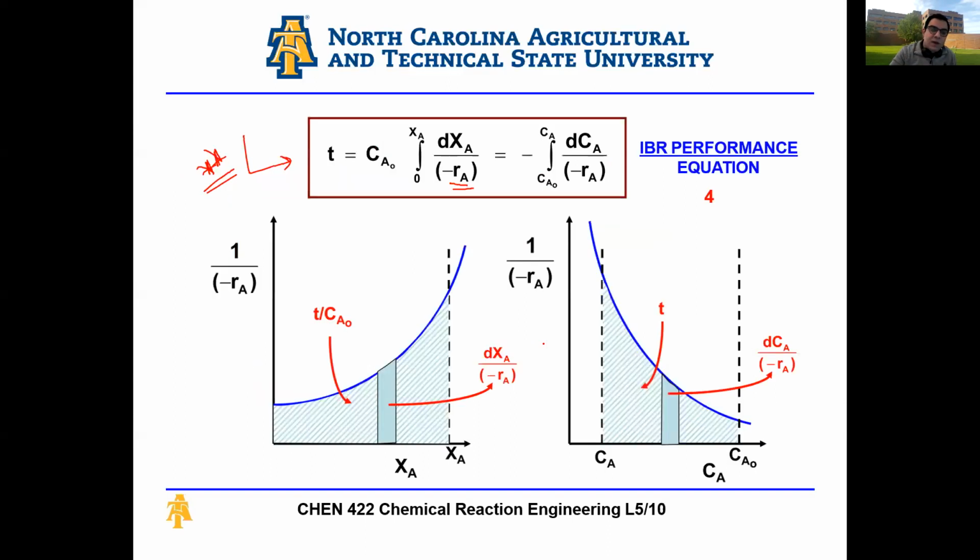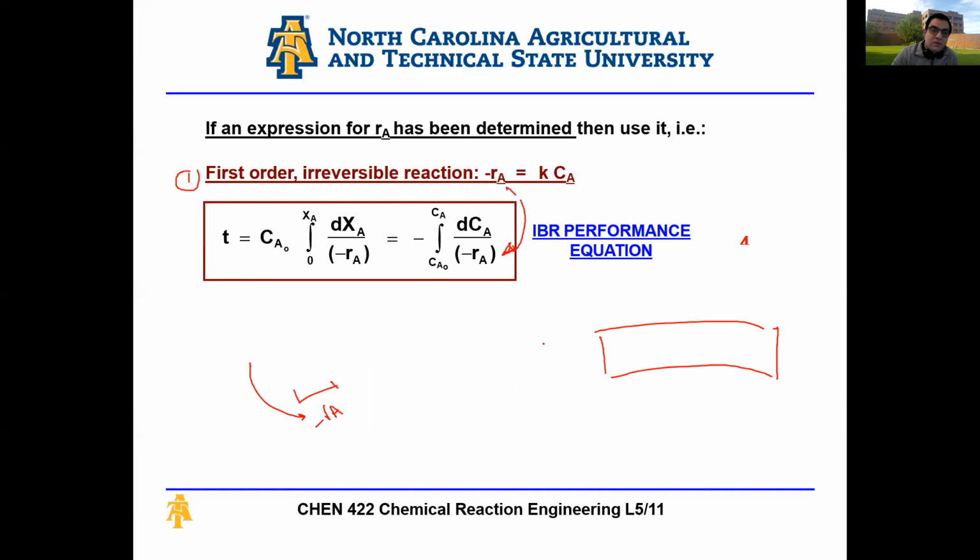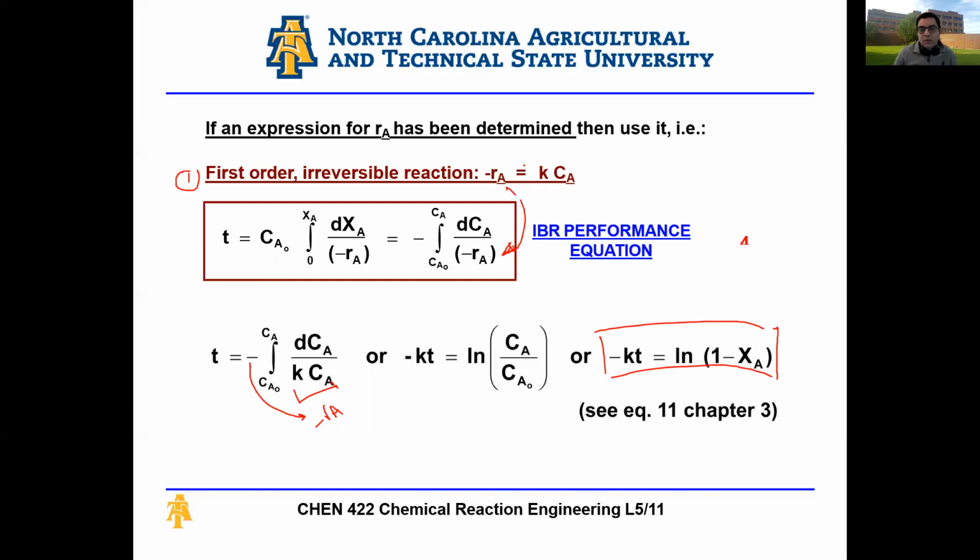And again, I expect you to be able to use it even if I give you a second order reaction. So if I tell you about the situation where minus RA is equal to KCA squared, you should be able to use it. I just put KCA squared here and I integrate. Well, in this case, I have 1 over CA squared. Hopefully you remember, what's the integral of this?